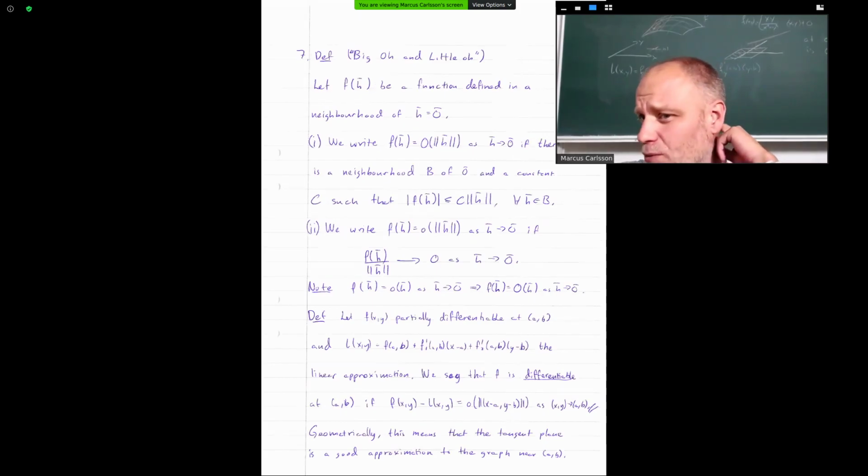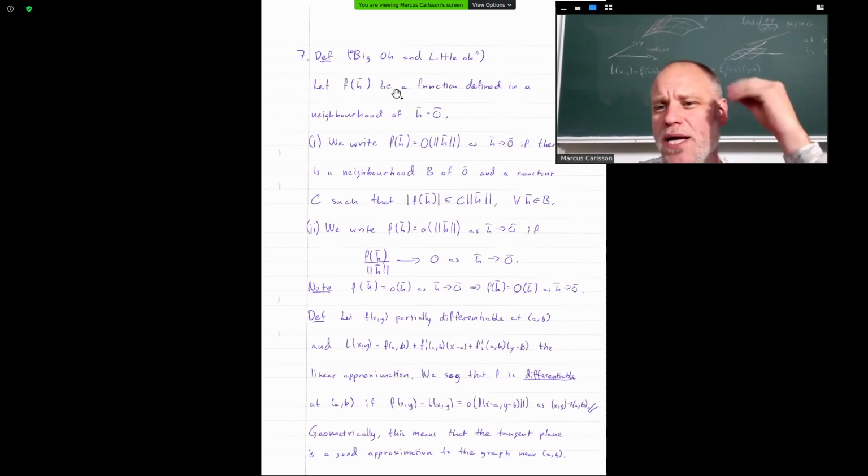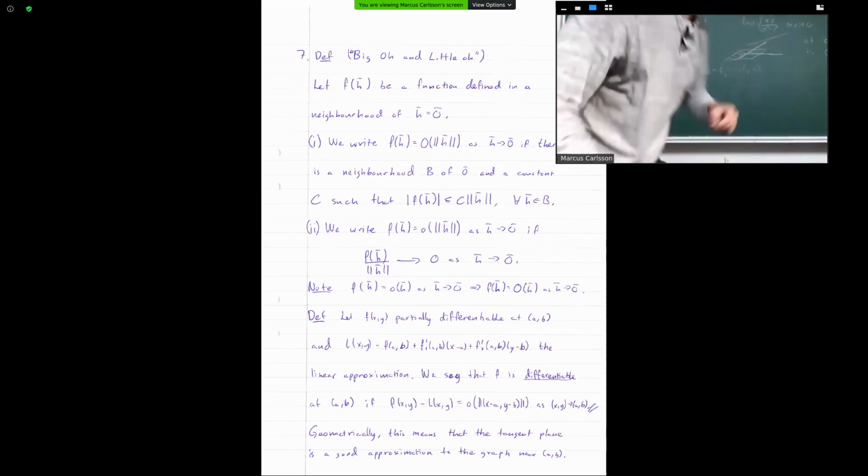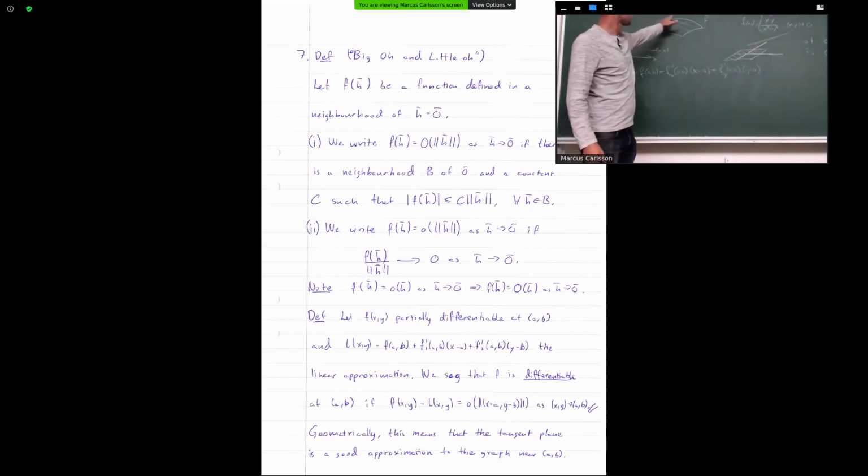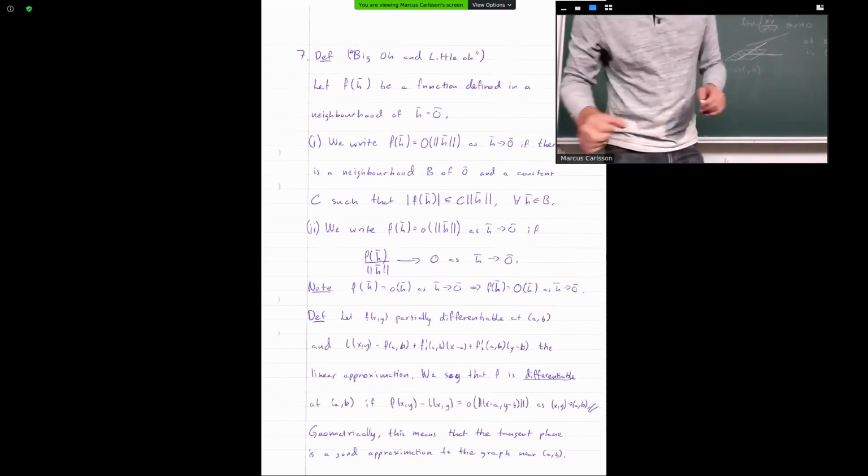They take a little while to get used to, but they're very convenient for handling error terms. Usually, if you have an approximation, then at every point there's a small difference, a gap, between the actual value and your approximation value.